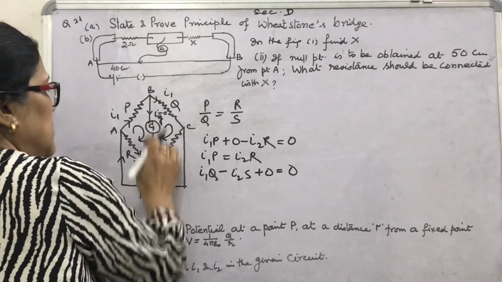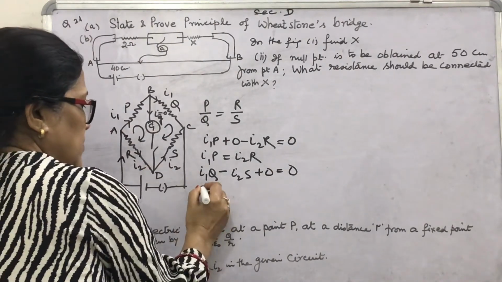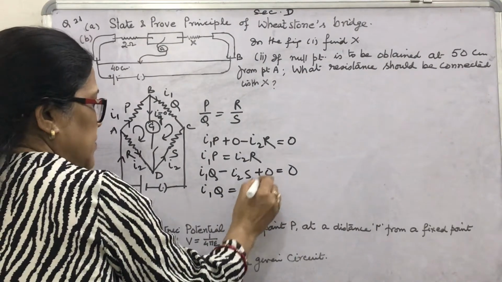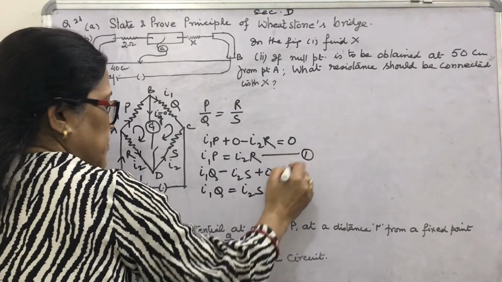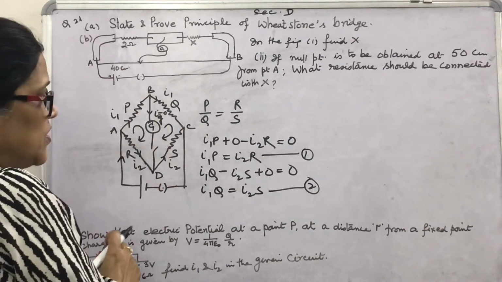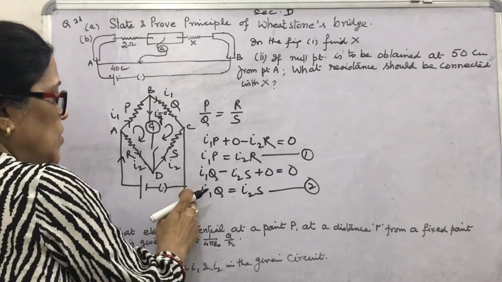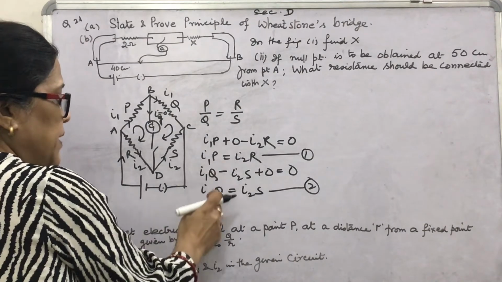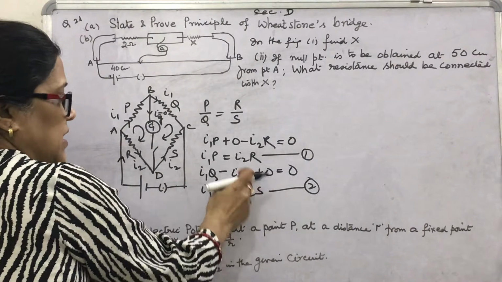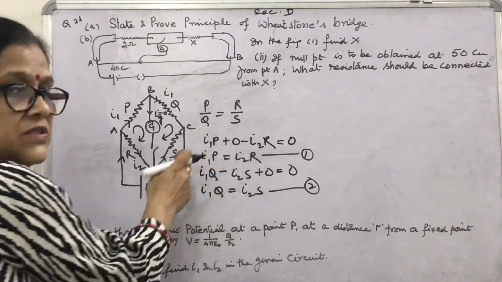From this equation, I1Q equals I2S. This is equation number 1, and this is equation number 2 using the loop rule. Divide equation 1 and 2. What will you get here? P by Q, I1 will be cancelled, and R upon S, I2 will be cancelled.